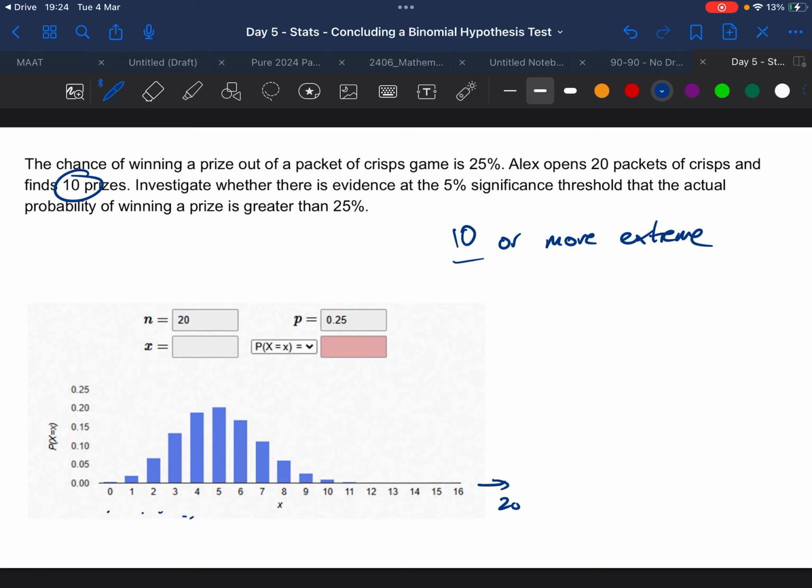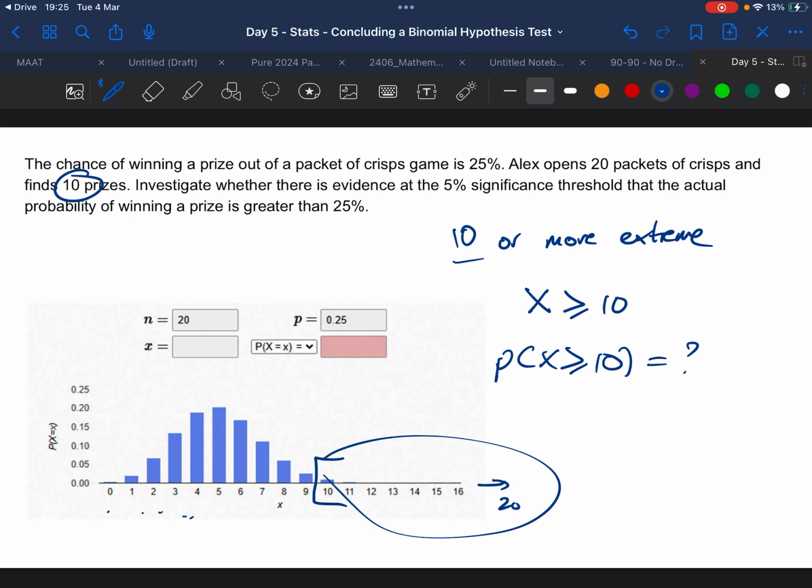So we're going to look at the thing happening 10 or more times and see what the probability attached to that is. We're taking this part of the diagram and asking how much of the time does that happen? Because if it happens a lot of the time, it means that what we just saw is not very special.